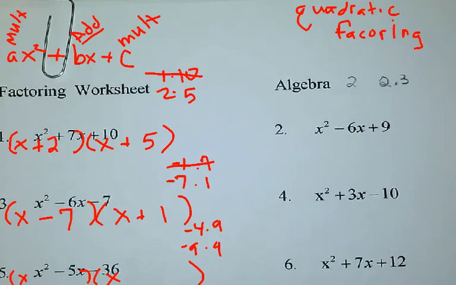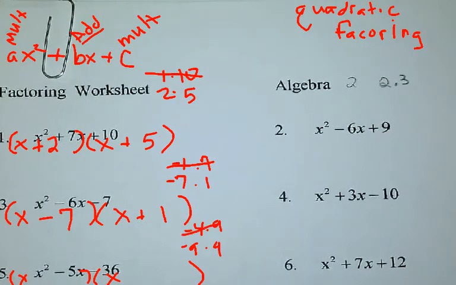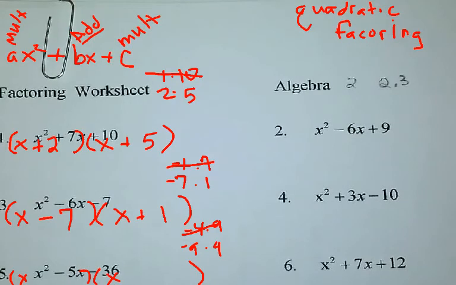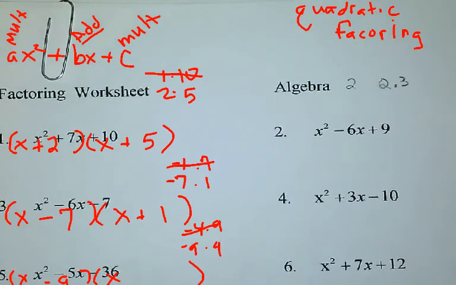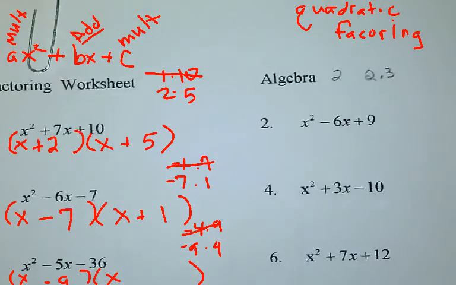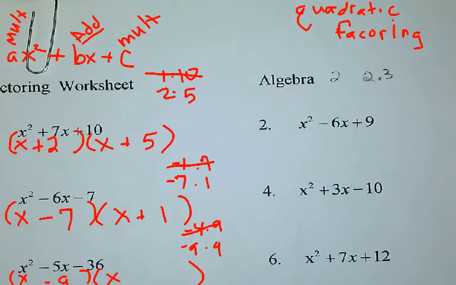If you add negative 4 and 9, that's positive 5. That's not what we want. We want negative 5. So negative 9 plus 4, that's negative 5. So this is negative 9, and then this one is positive 4. There we go.